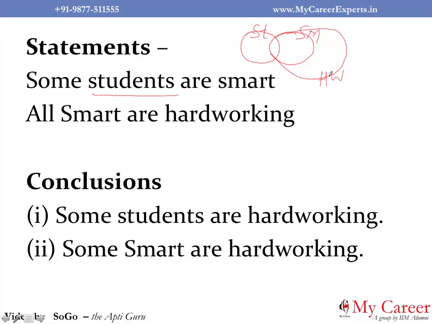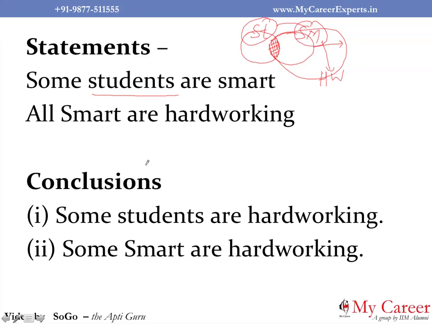From here we can see some students which are smart are also hardworking. Are you getting it? Because all smarts are hardworking, some smart which are common with students are also hardworking. So my conclusion will be that some students who are smart are hardworking also.